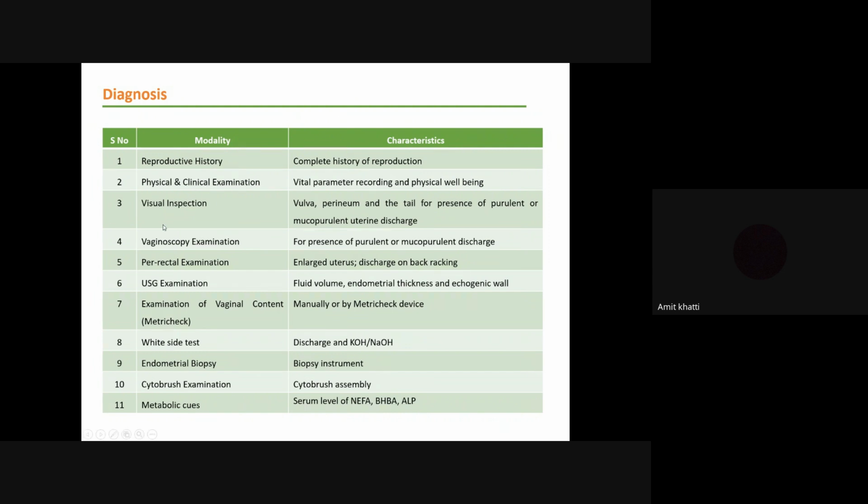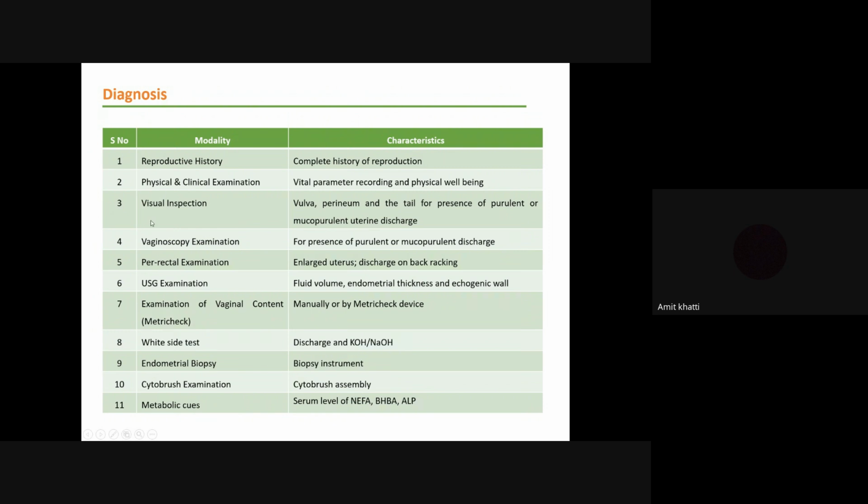Then visual inspection particular to uterine infection. We can check the perineum part for any discharge or secretion adhered there. At the vulvar opening, check whether purulent or mucopurulent uterine discharge is there. If it is not, we can slightly widen the labial opening or look for staining of the uterine discharge or purulent discharge.